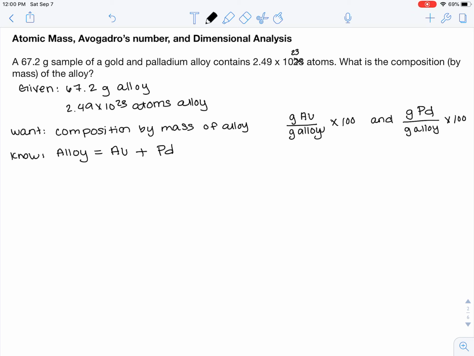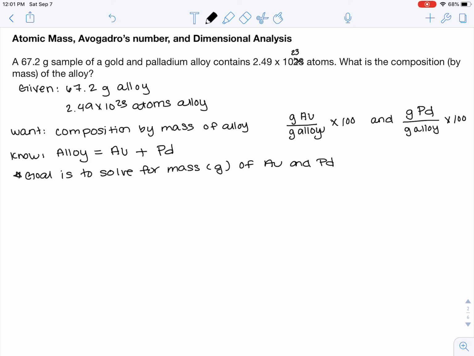So basically your goal is to solve for mass of gold and palladium. Alrighty, so you're given grams and atoms of the entire substance, the entire sample.